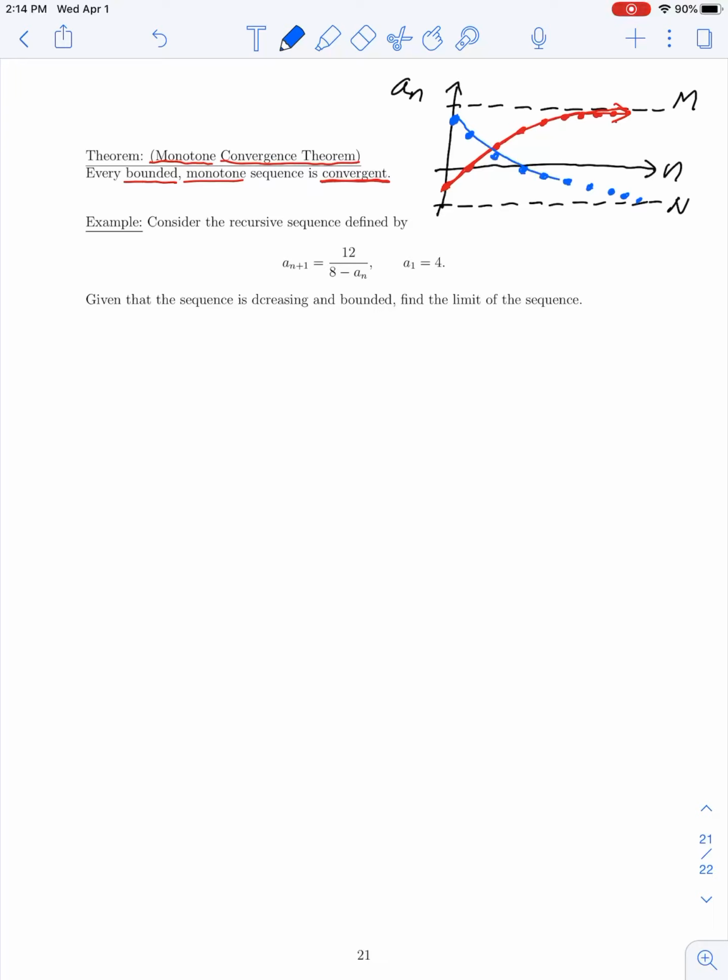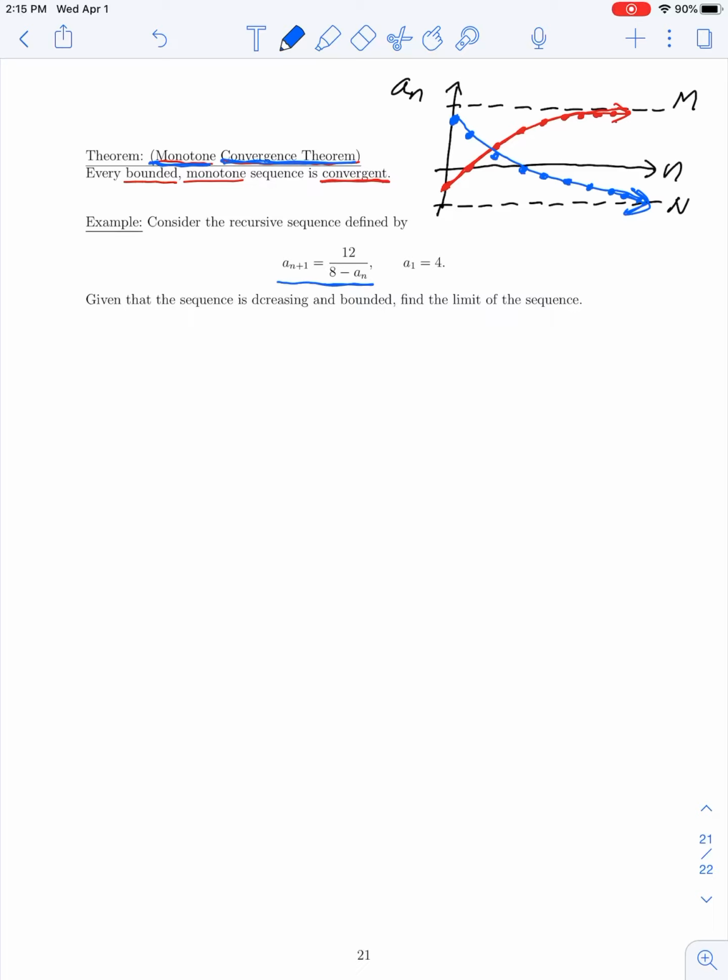Now similarly, if we were to have a decreasing sequence, and we keep listing subsequent terms and they are getting smaller and smaller, but we are bounded below, there's some number that we can never fall below, we see that the terms of our sequence seem to be converging to this lower bound. So this sort of phenomenon is described by the Monotone Convergence Theorem. If we have a bounded sequence which is monotone, we're guaranteed that it will be convergent.